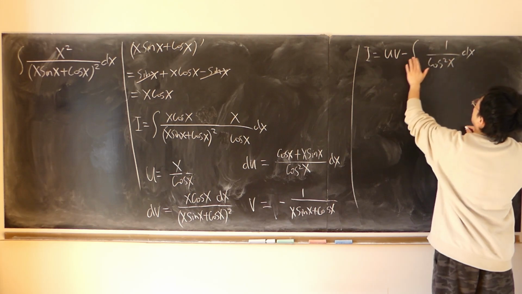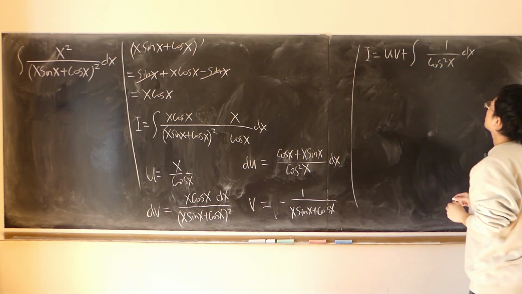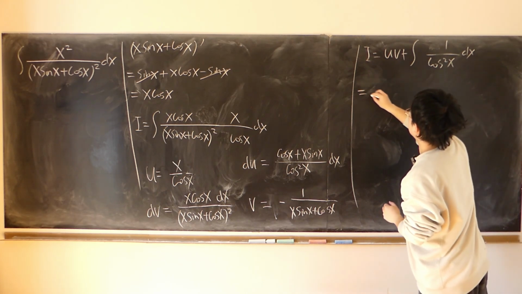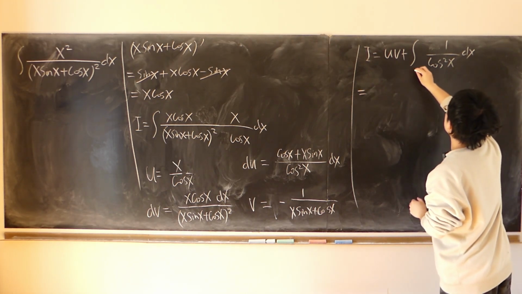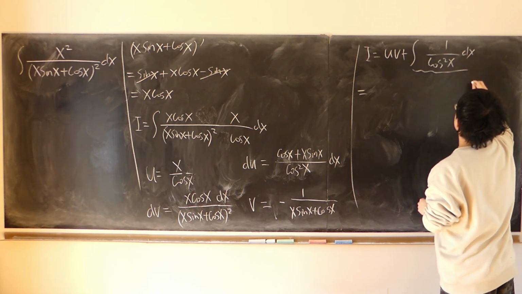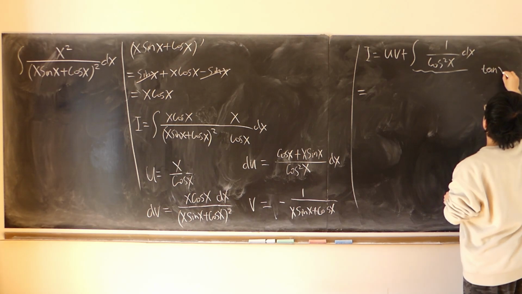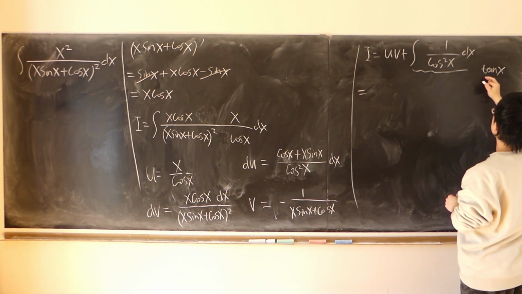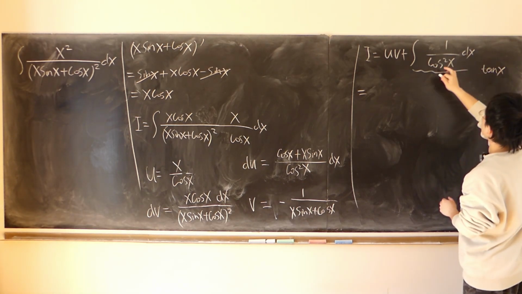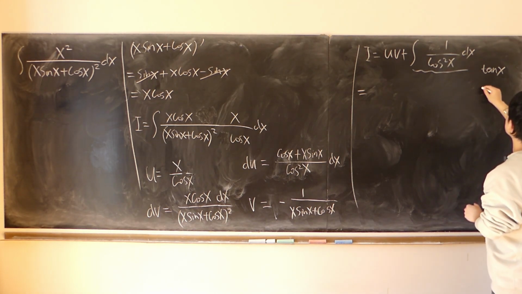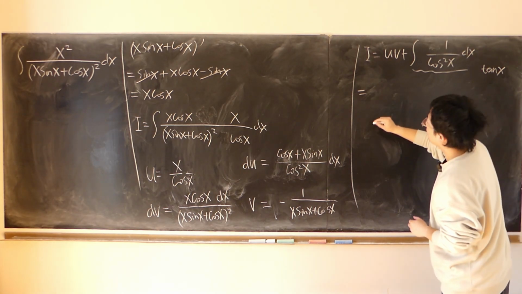So negative, negative, positive. But this bit is easy. The antiderivative is tangent x, because the derivative of tangent x is 1 over cosine x squared. Remember, tangent x is just sine over cosine.